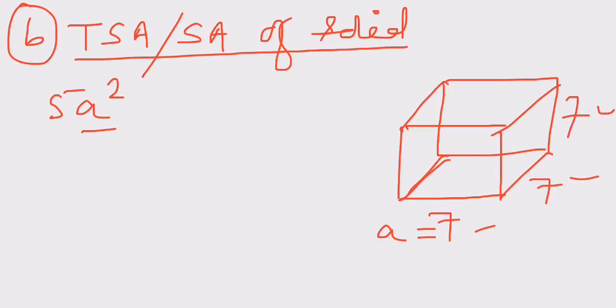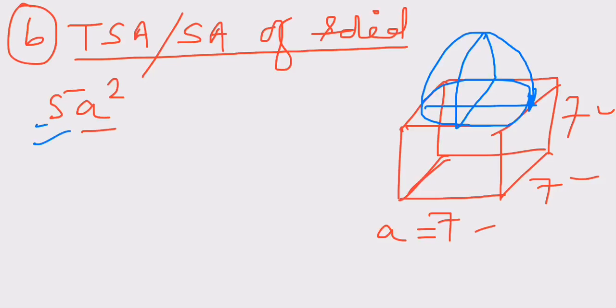The problem begins with the top face where the hemisphere has been mounted. The hemisphere has been mounted in this way. This is your hemisphere. This we have visualized. Now the 5 faces have been done. Now come to the 6th face and the hemisphere.